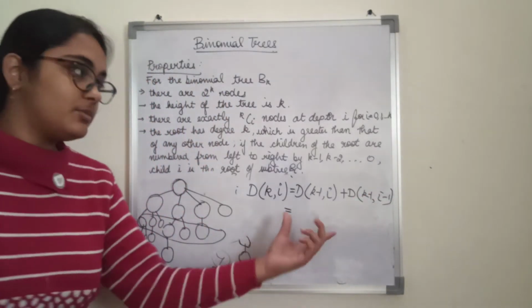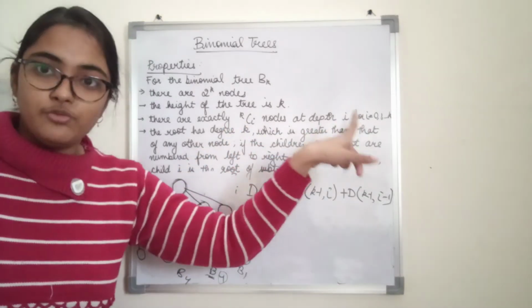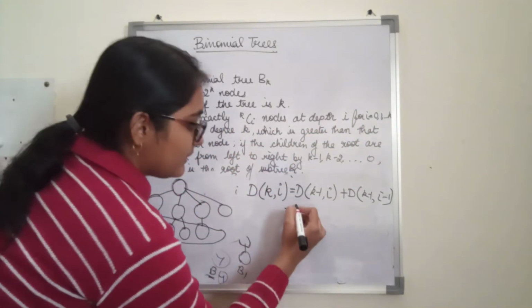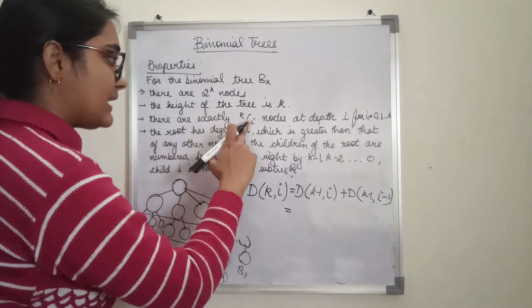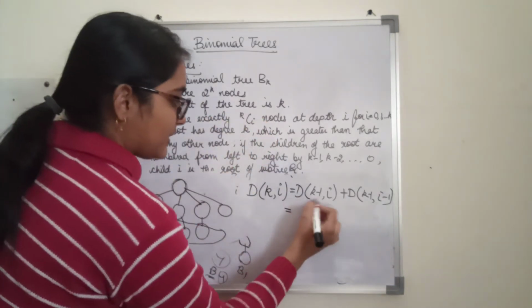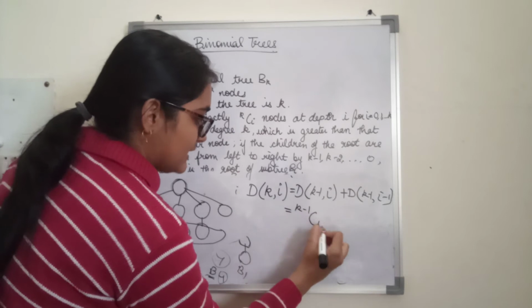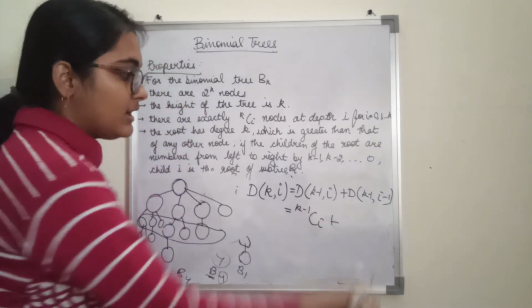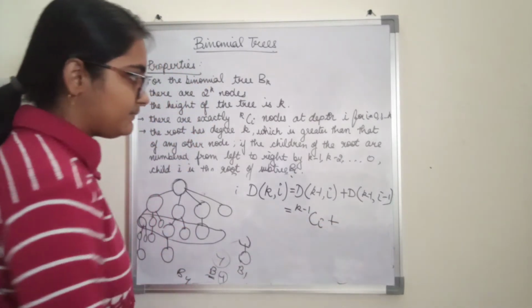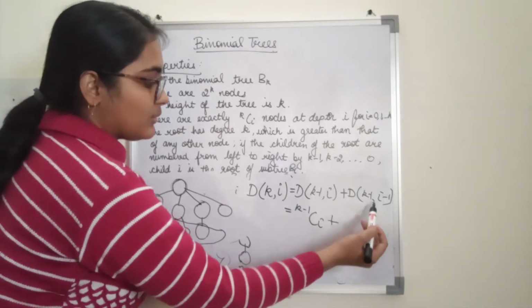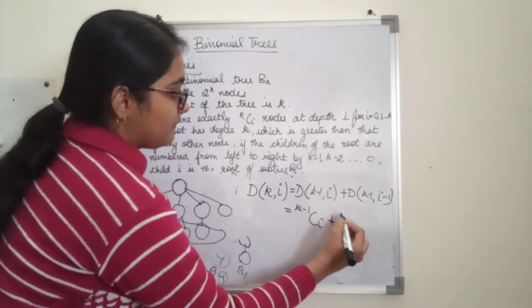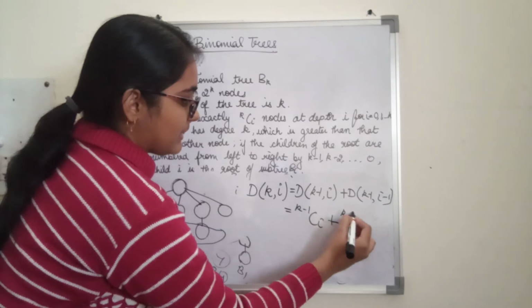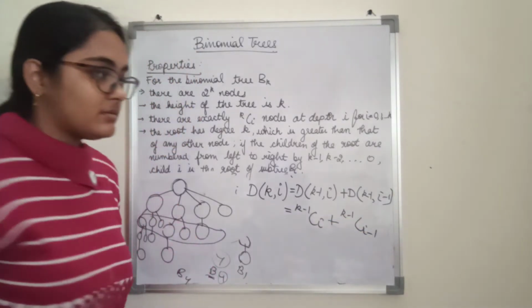If we assume this property to be true for B(K-1), at depth I it has (K-1)CI nodes, plus at depth I-1 it will have (K-1)C(I-1) nodes.